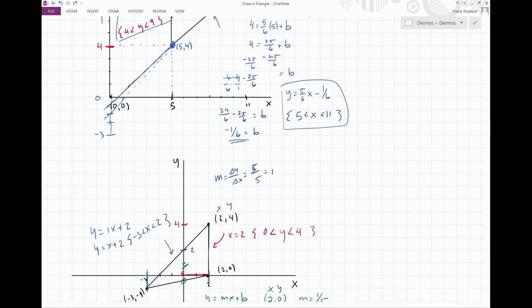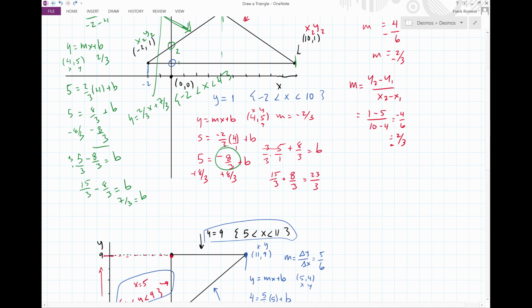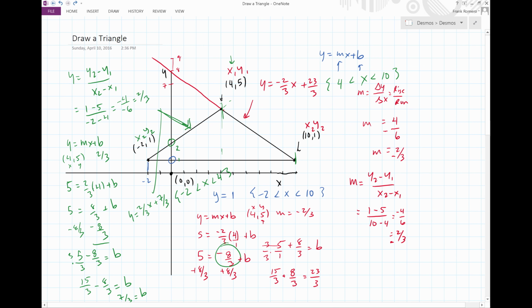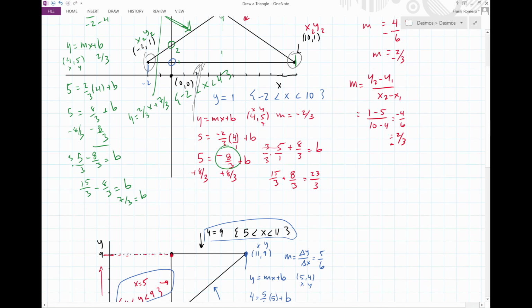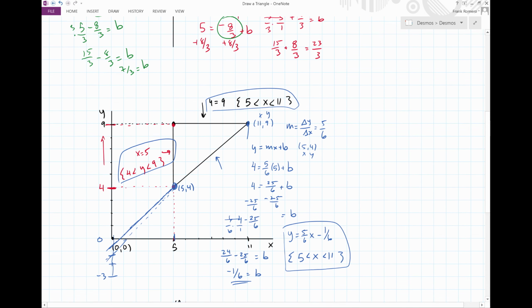So to do these triangles, you're going to need to do a couple of things. First of all, you're going to identify the corners and make sure you know the coordinates. Make sure that you identify things that are horizontal or vertical lines because those are easier to do.